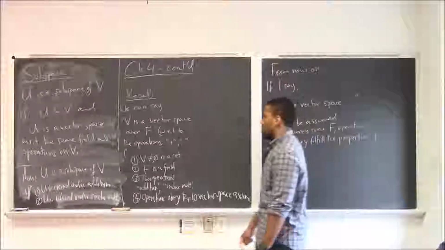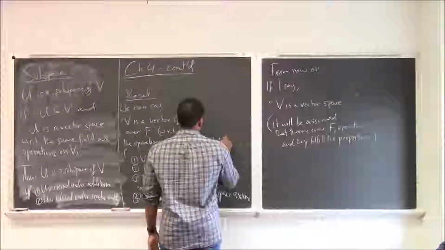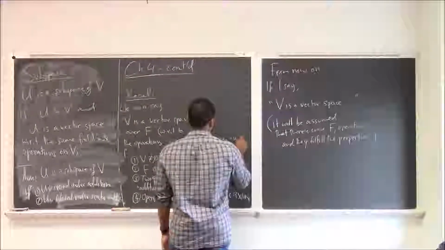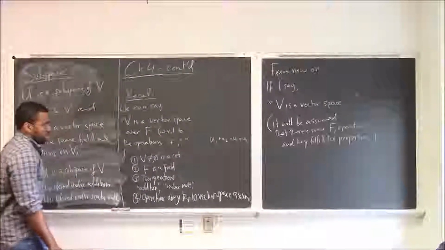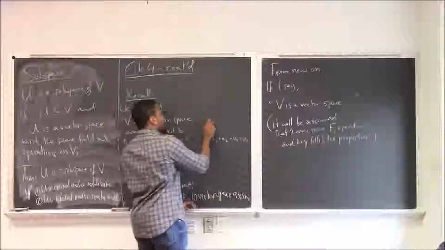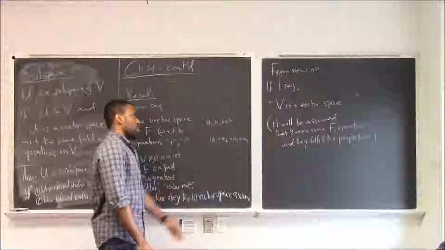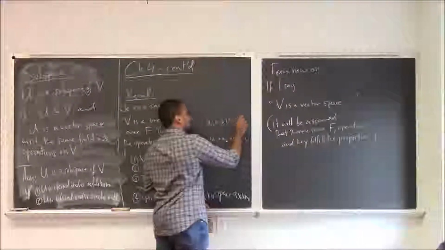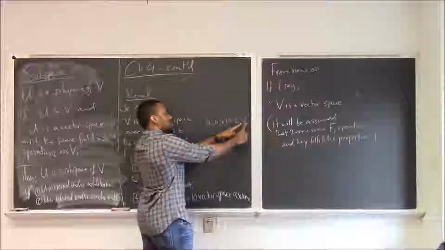So it'll automatically be the case that, for example, U1 plus U2 is equal to U2 plus U1, right? Because if I know that U1, U2 are in U, then this will be true because U is a subset of V. So these being in U automatically means they're in V, and in V this works.